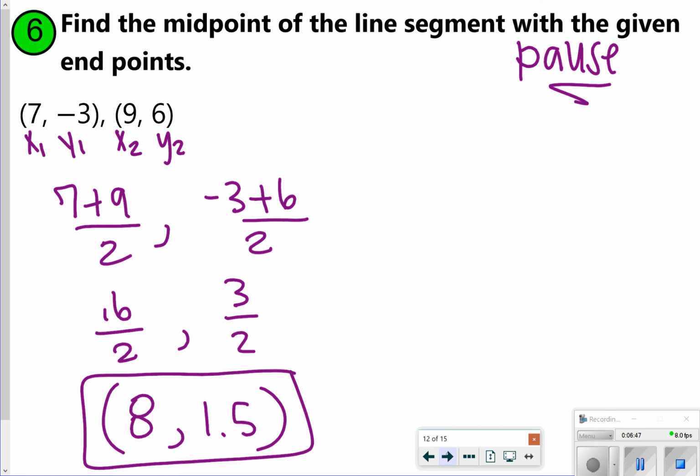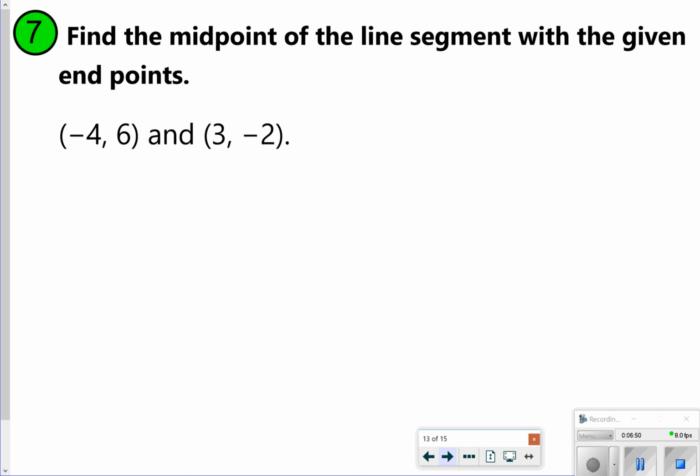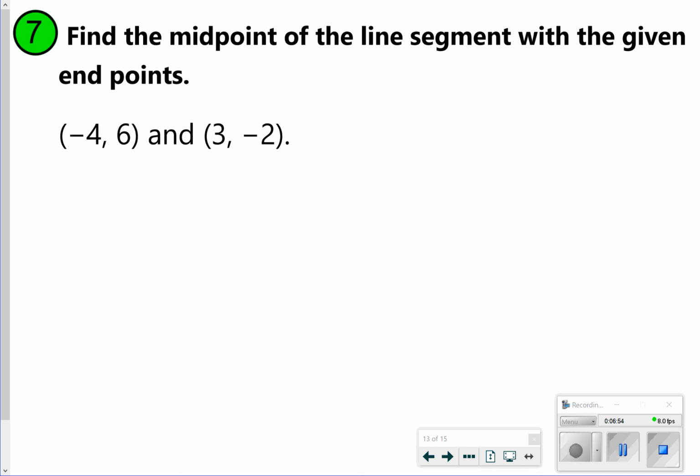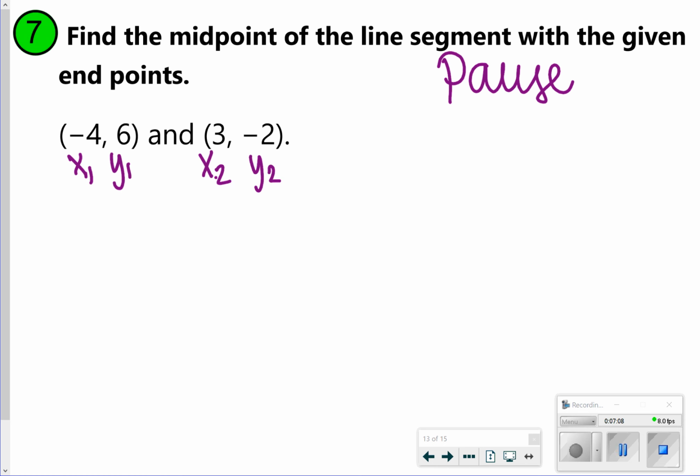Okay. Same thing for 7. Again, go ahead and label them with your x1s, y1s, x2s, y2s. Let's pause it so you can try by yourself, and then click play when you're ready to check your answer. Alright, so like always, creature of habit, my first set is my x1, y1, second set x2, y2.